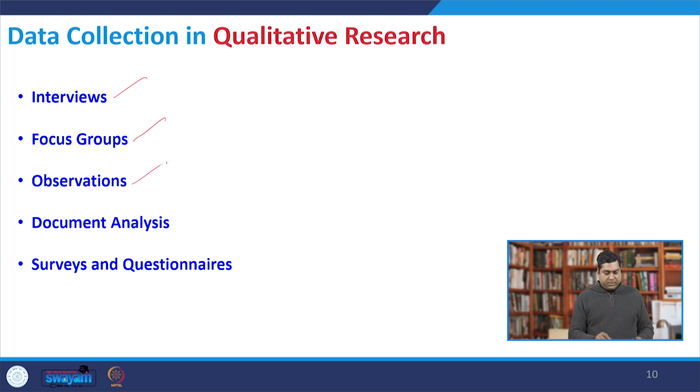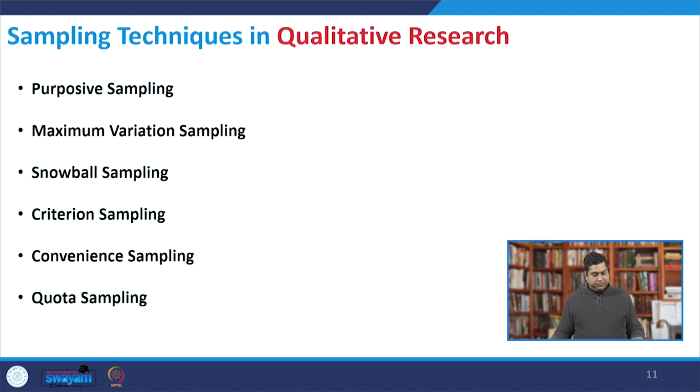It can be through observation, document analysis, and also surveys and questionnaires, where you bring questions which are qualitative in nature and you are trying to get perceptions and satisfaction, which are not really quantifiable, as there is quality involved. For all such methods, we have discussed in detail in the respective lectures on different types of survey techniques.